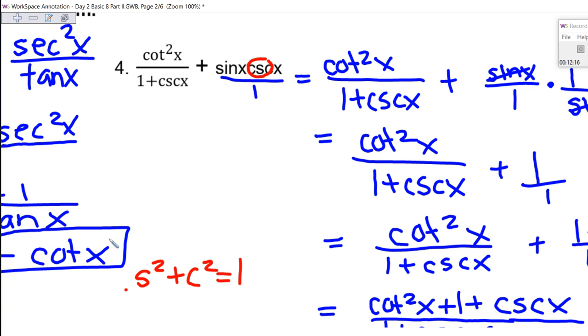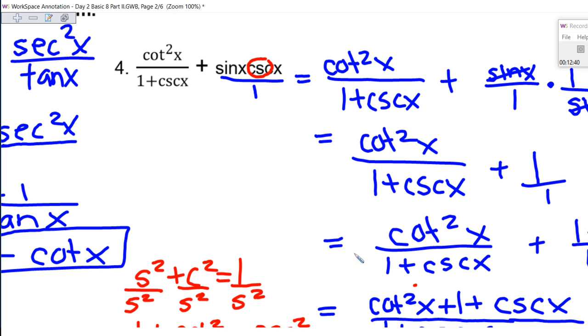Sine. So divide everything by sine squared. So sine squared divided by sine squared is 1. Cosine squared divided by sine squared is cotangent squared. And 1 over sine squared is cosecant squared.